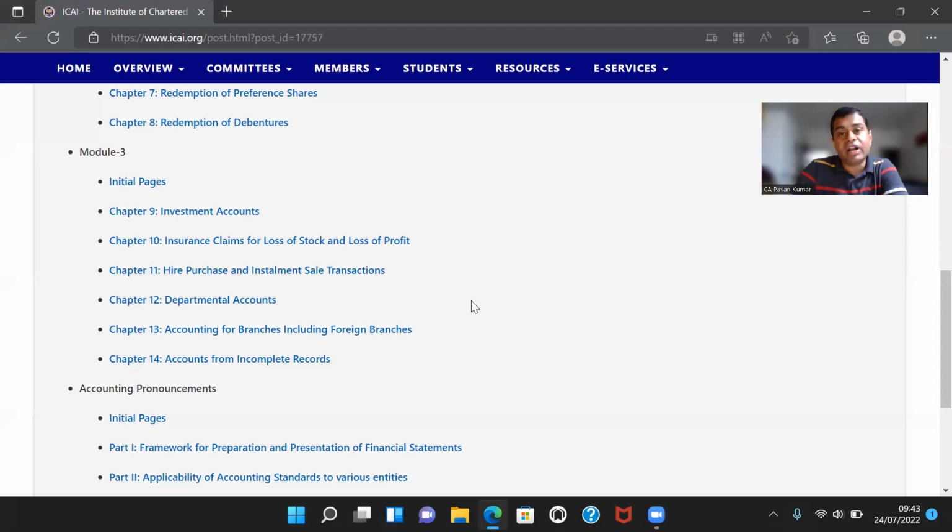Then chapter 12, departmental accounts. Very interesting thing. If you allow me to say, this is actually the beginning of consolidation. But you will find it more like costing. In costing, in overheads, if you have already attended costing classes, there will be some common overheads, for example, rent. You're paying rent. One of my friends is running a supermarket.